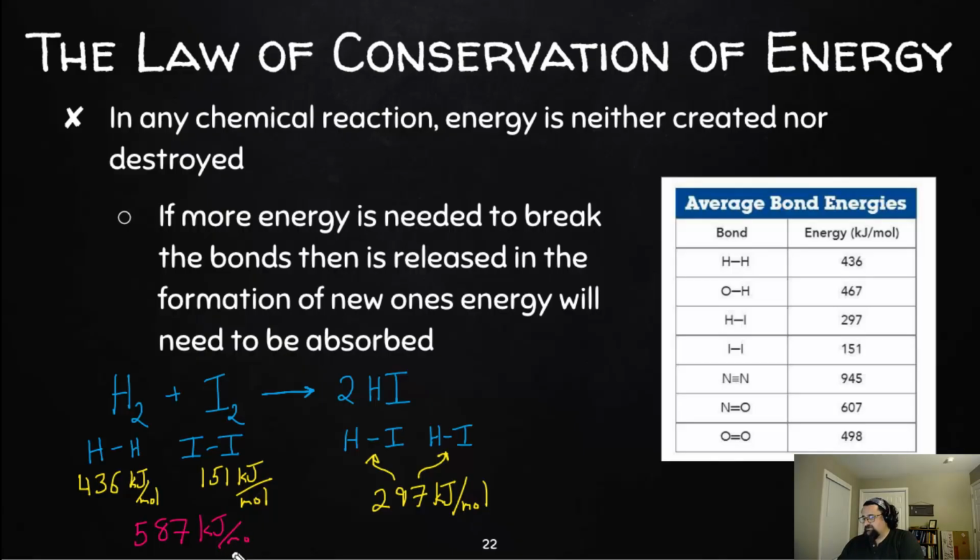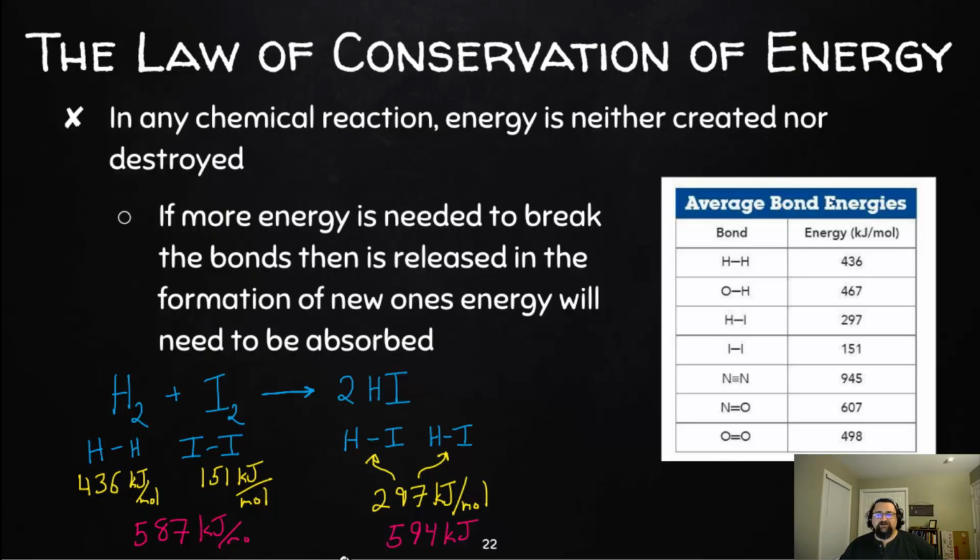All right. So we're going to need 587 kilojoules. And over here, because we're creating two HIs, we're going to have 594 kilojoules.